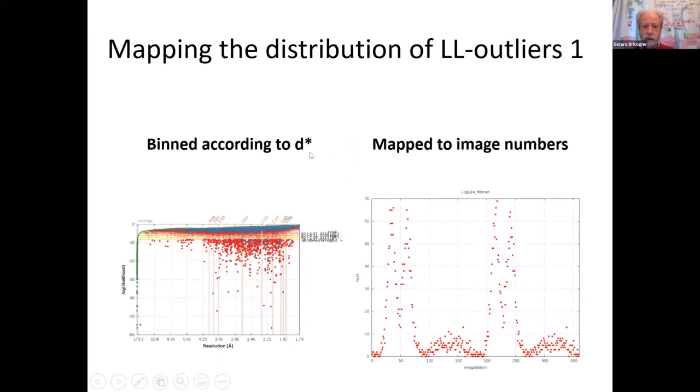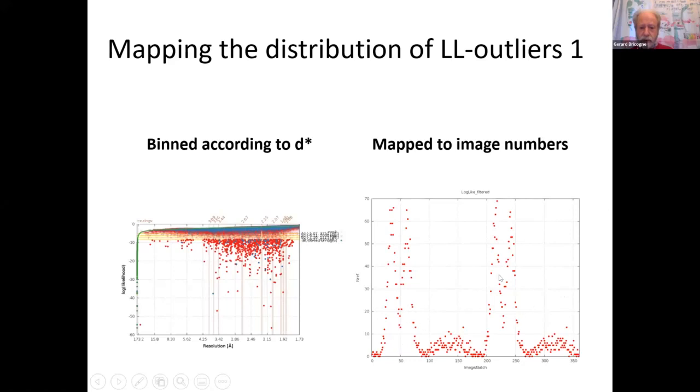So this is where we need unmerged measurements to be available, sufficiently annotated by instrumental attributes such as image number, but also detector surface coordinates. And here we see that it's not just a sort of general unhappiness from a noisy background.